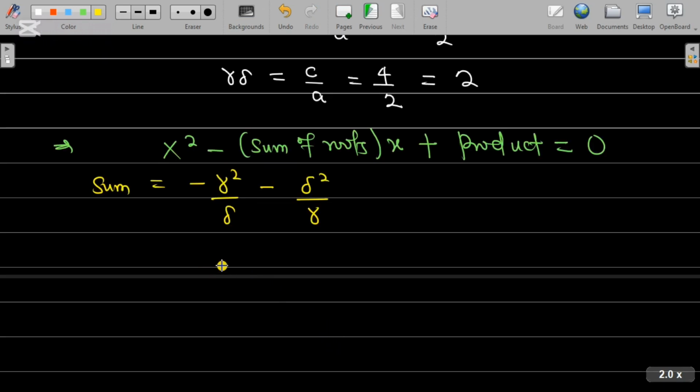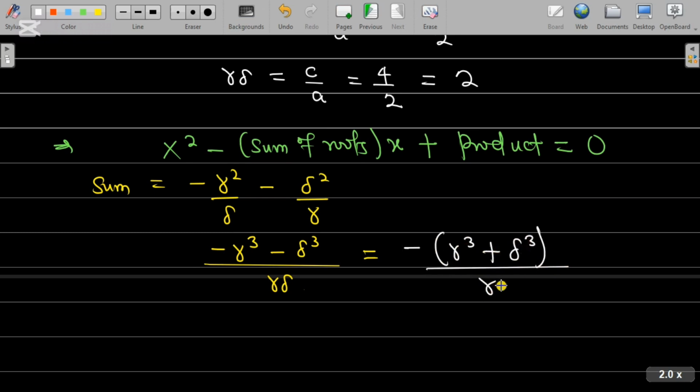And what is that going to be? Take your LCM, which is gamma delta. This will divide this, that will give you gamma alone, so when you multiply, you get gamma cubed. Then bring down your minus. Gamma divided, you will get only delta, which will give you delta cubed. And then you are close to finishing what is required. From here we can bring out the minus sign, and we will have minus gamma cubed plus delta cubed all over gamma delta.